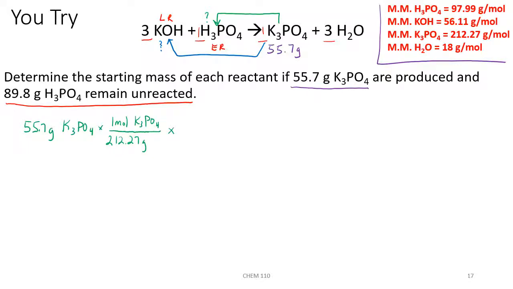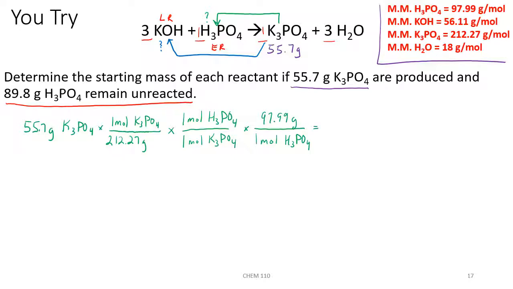And if we just start with the mass of phosphoric acid that we're determining, we can use our mole to mole ratio there. 1 mole of K3PO4 reacted from 1 mole of H3PO4 from the balanced chemical equation. And then using our molar mass of phosphoric acid, we can go back to grams. 1 mole H3PO4 is 97.99 grams.